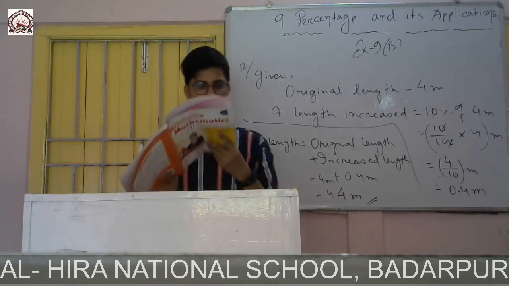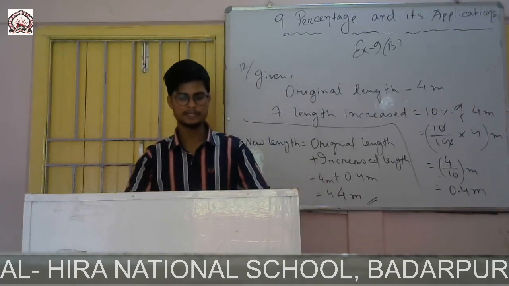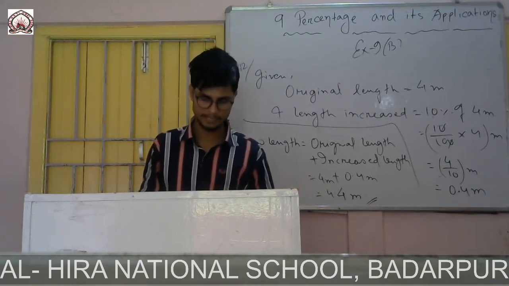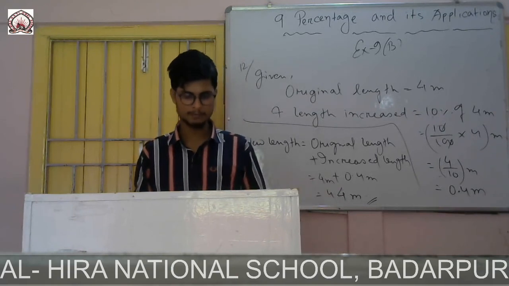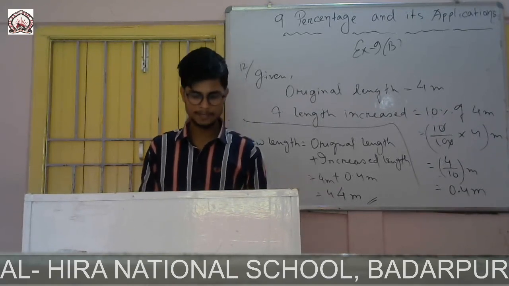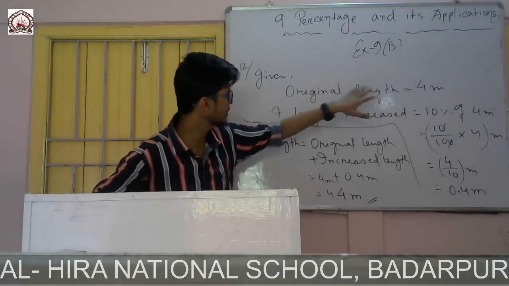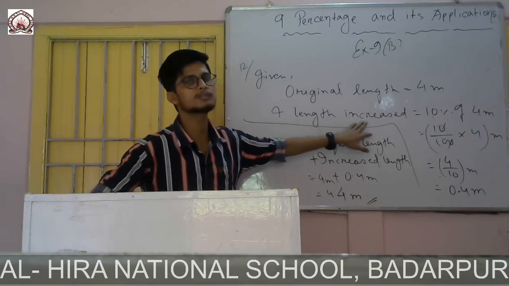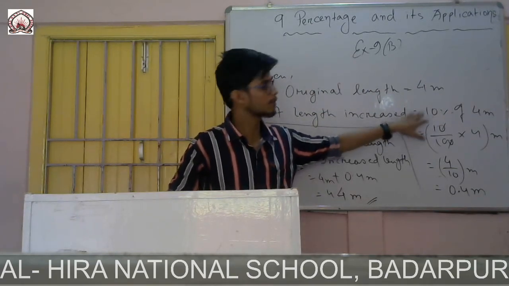Okay. Now question number 13. The length of a rope is decreased. What is the new length if it was 150 meter? So from 150 meter it is decreased by 12.5%. Same as before, you write original length, it is 150 meter. In place of increase it will be decrease. Length decrease is 12.5% of 150.